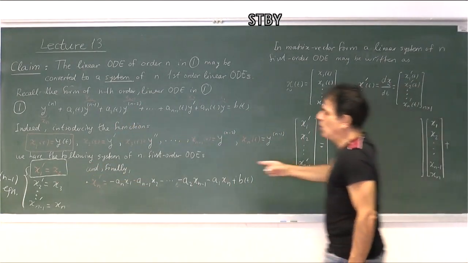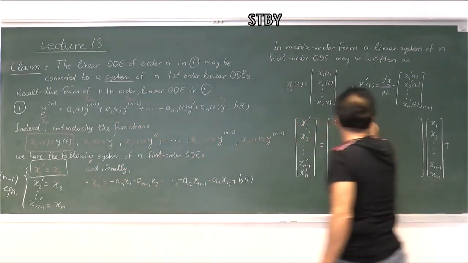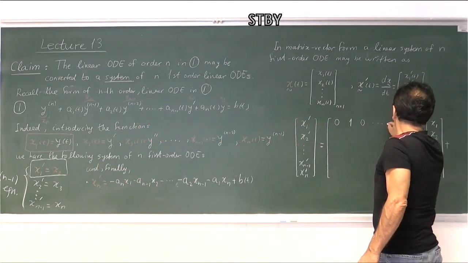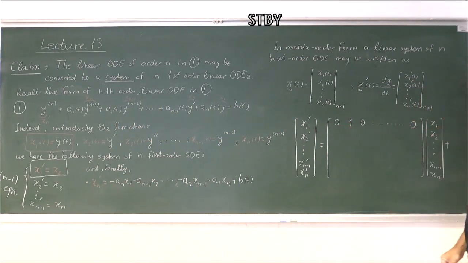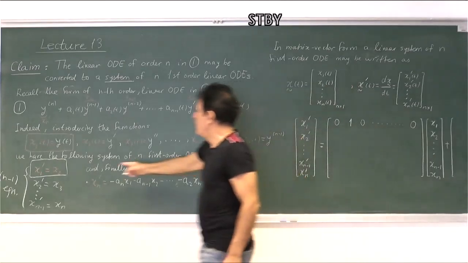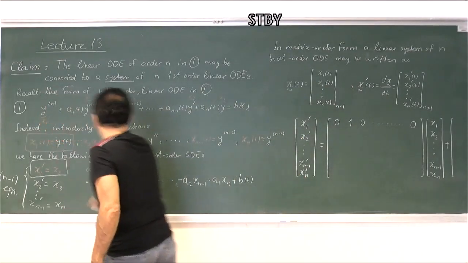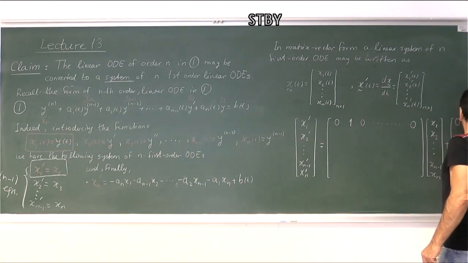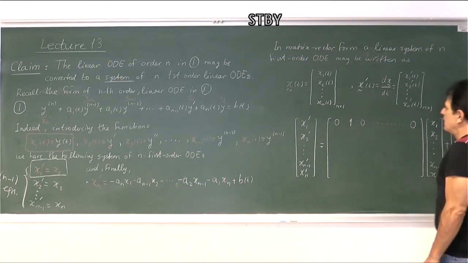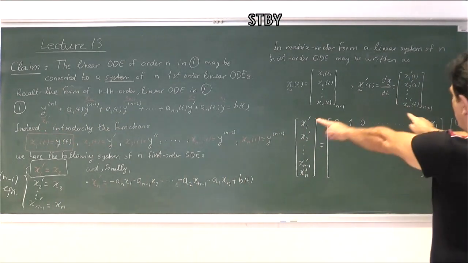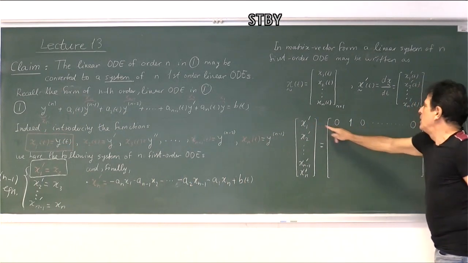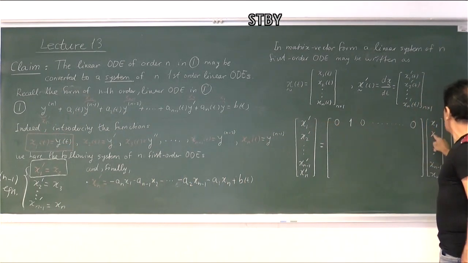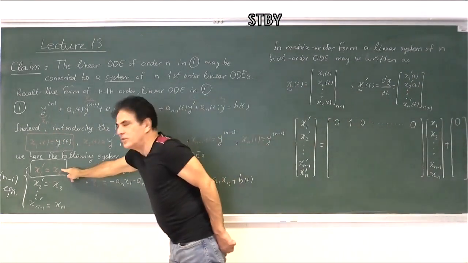Then there is no other term, therefore all other entries on the first row of this matrix will be 0. Plus there is no non-homogeneity term, so here is 0 again. Good. So when we perform the matrix vector product, the first row will give x1 prime is x2, the first equation of the system.